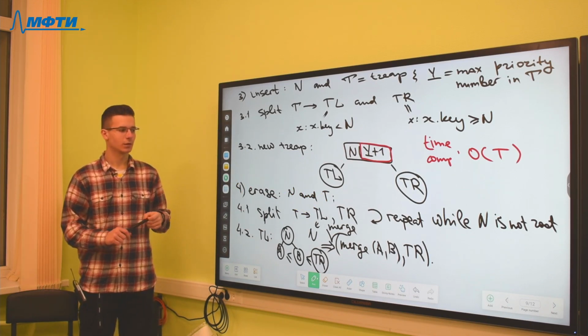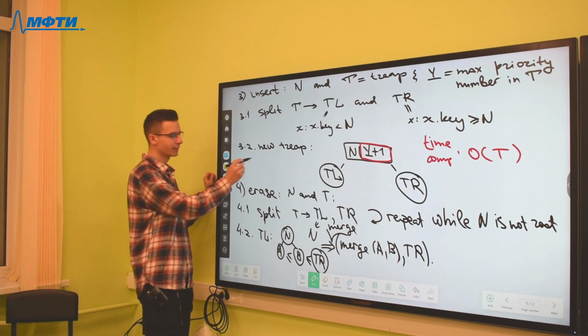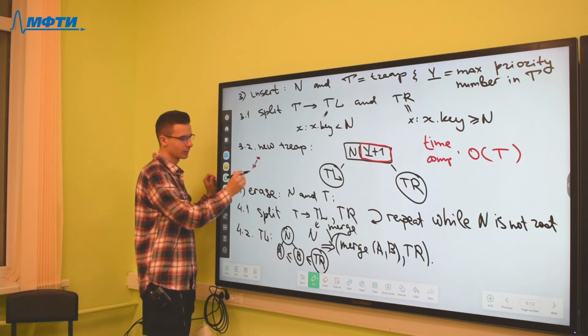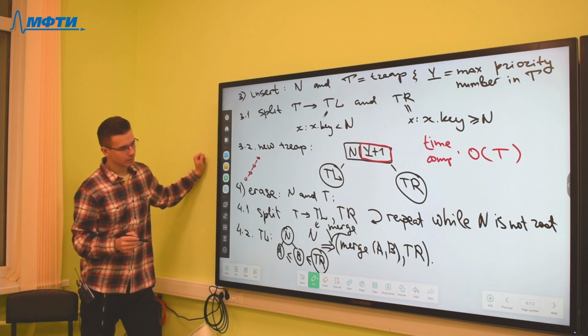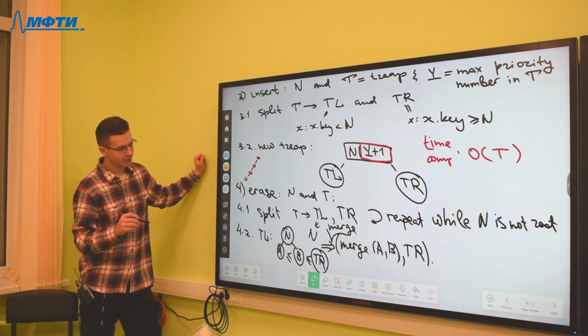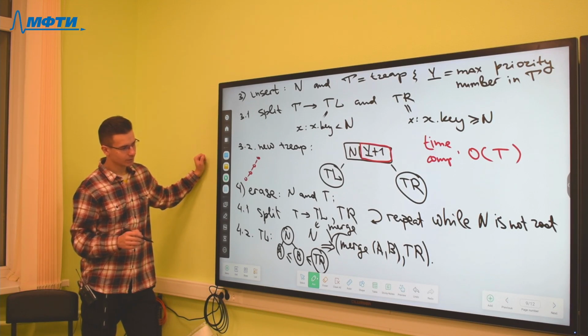For example, if we have such a treap, if we try to split, then we repeat it with the n.